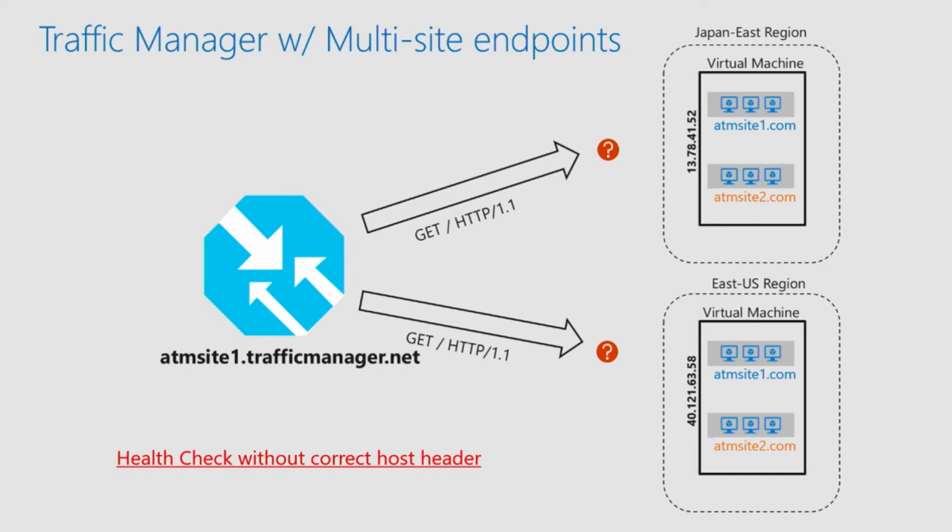But to do that, Traffic Manager needs to go and probe the correct website. This Traffic Manager was created for this particular website, atmsite1.com. So it needs to make sure that the probes are going in correctly and not getting stuck like the way it is right now. If you do a health check without the correct host header, this is what's going to happen. So let's get back and see how this works out.